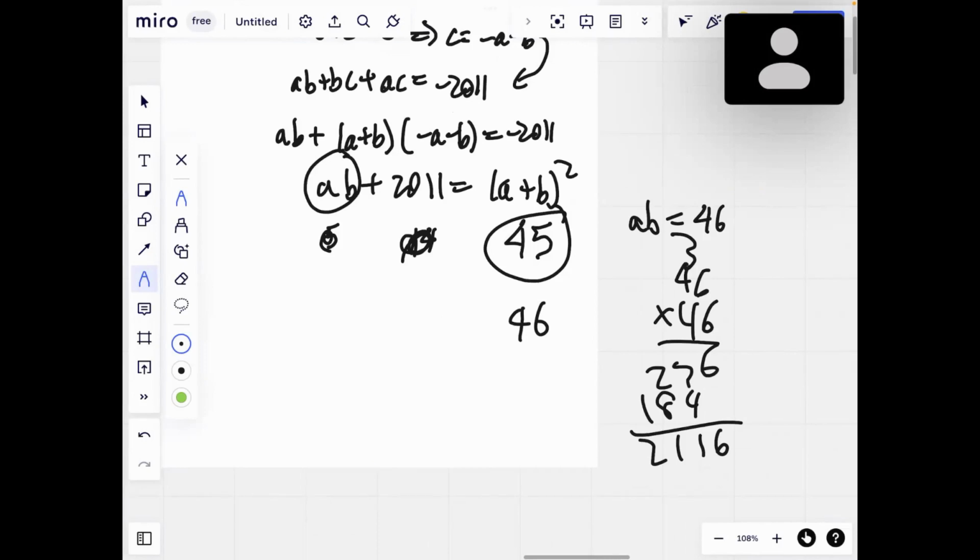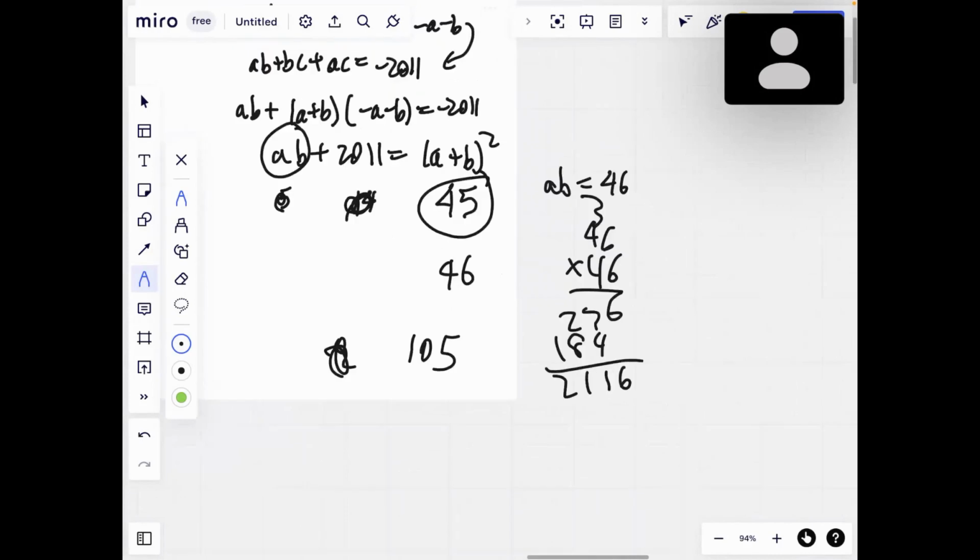And 2116 minus 2011 is equal to 105. And so we need to find two integers that have a sum of 46 and a product of 105. And so that doesn't work, right?